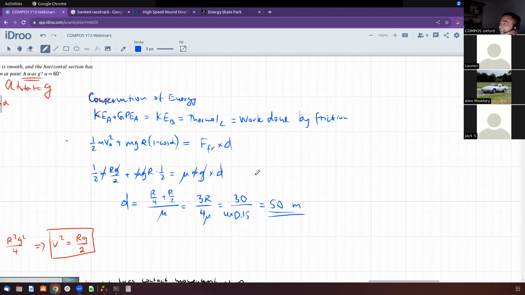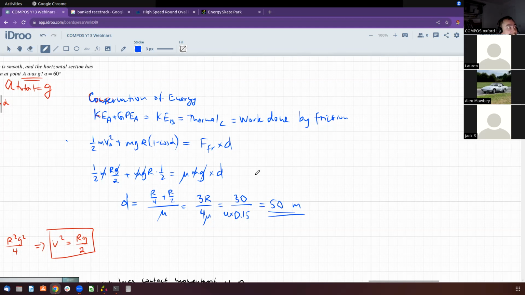Any questions that you'd like to ask? Pratham: So always use conservation of energy or resolve forces? Yes, start with resolving forces and then conservation of energy to find the v.